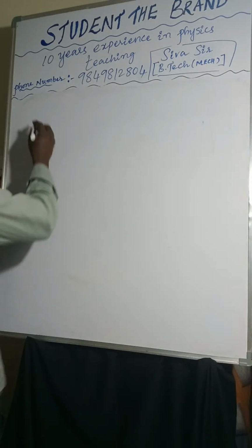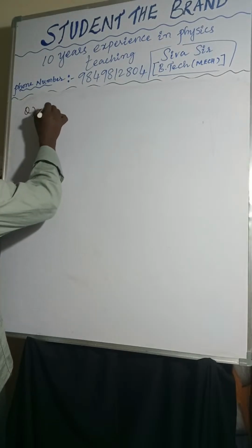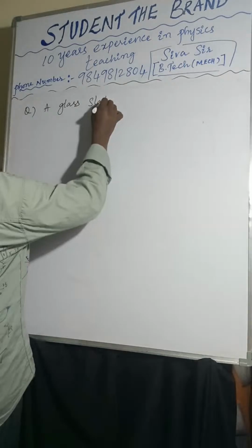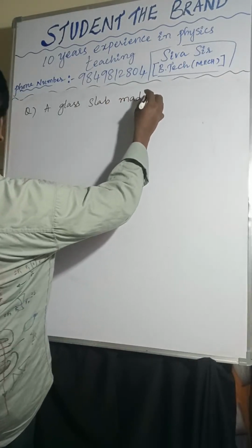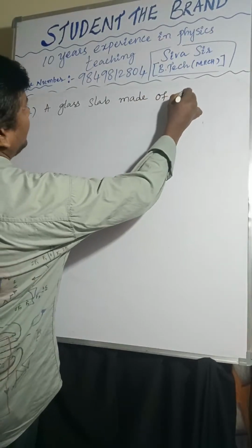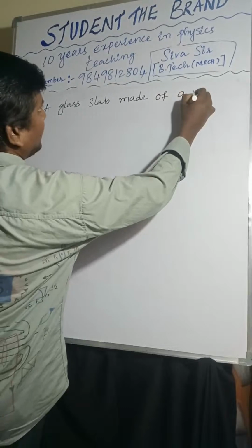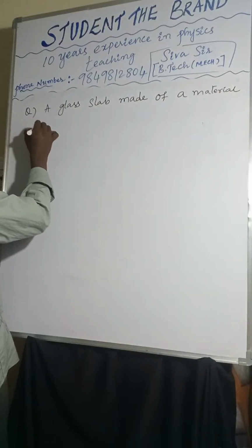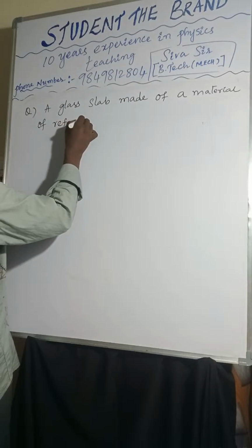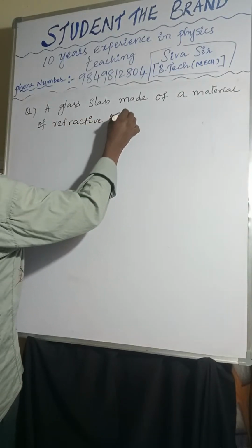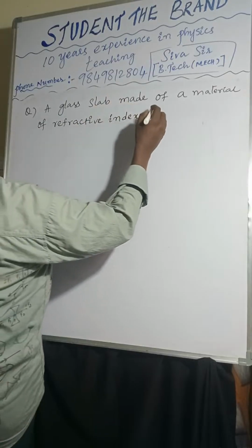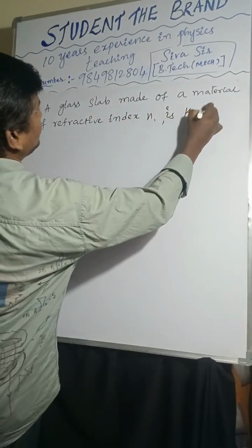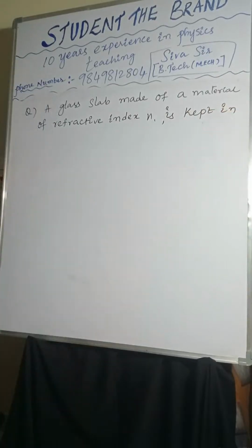Question: A glass slab made of a material of refractive index n1 is kept in a medium of refractive index n2.